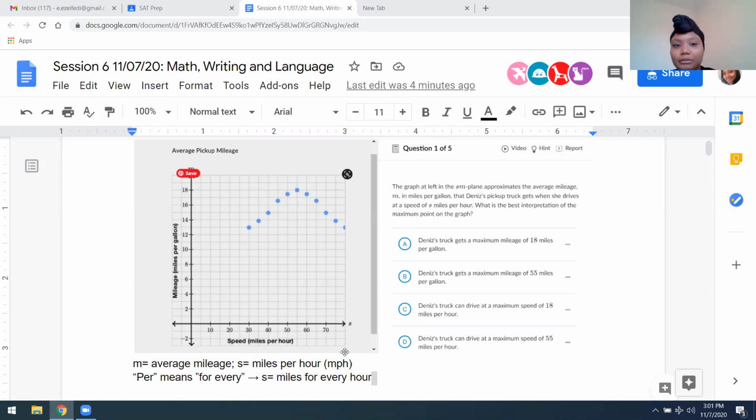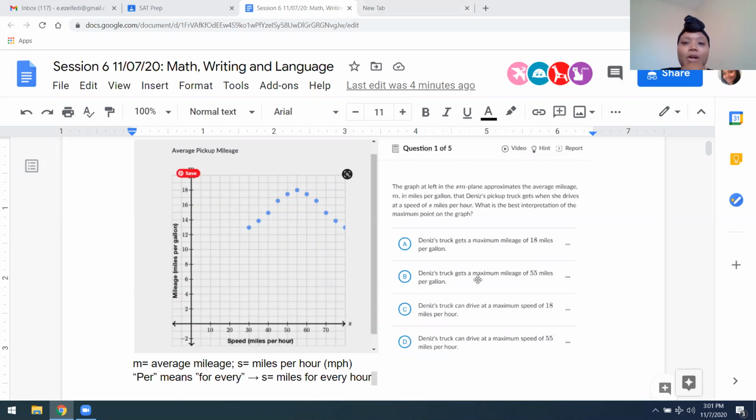The speed is increasing because, well, the first miles per hour number is 10. As we continue to the right, the speed is increasing. It doesn't stop increasing. This arrow here means it's going on until infinity, potentially. Yeah, it goes up until 55 miles per hour and then decreases. That's basically it.